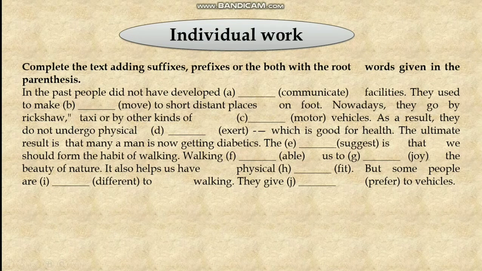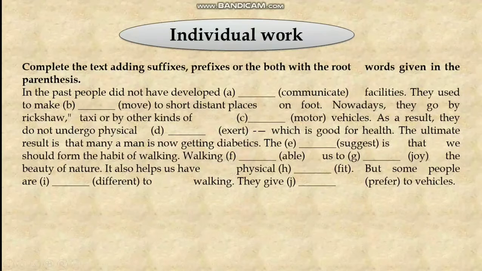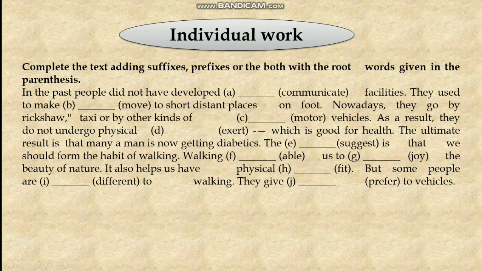In this passage we can see, in the past people did not have developed communicate facilities. The word developed is an adjective, and after an adjective we use a noun form, and the noun of communicate is communication. So communication is appropriate here.